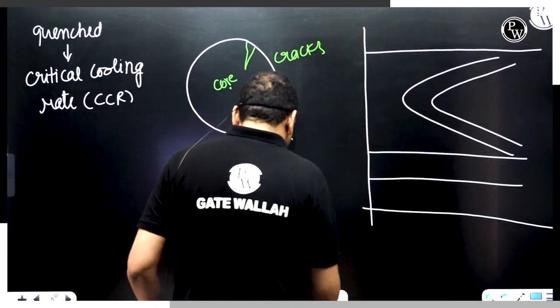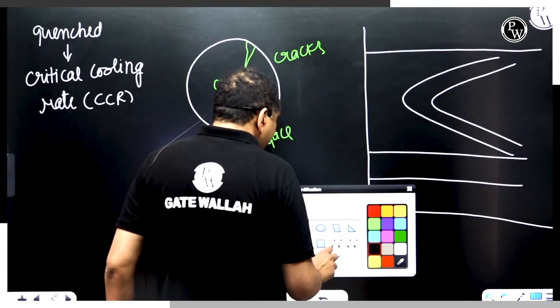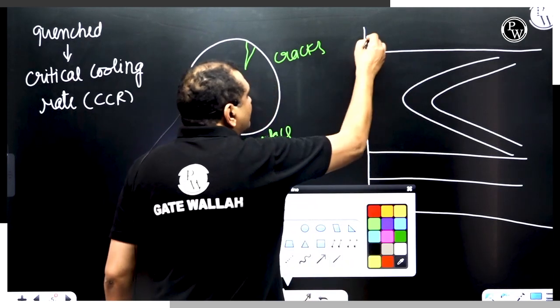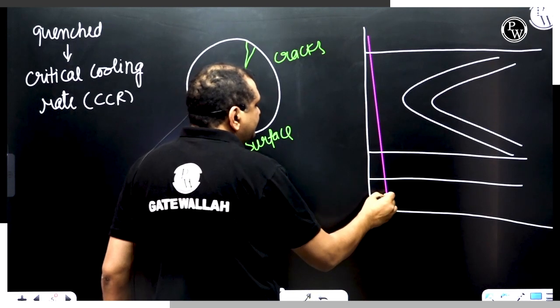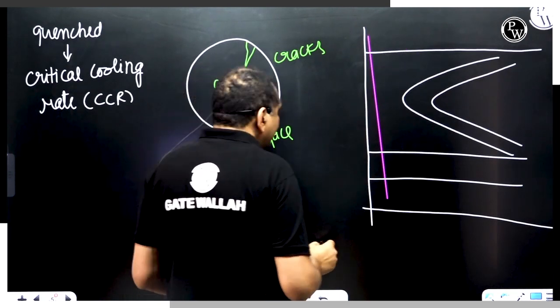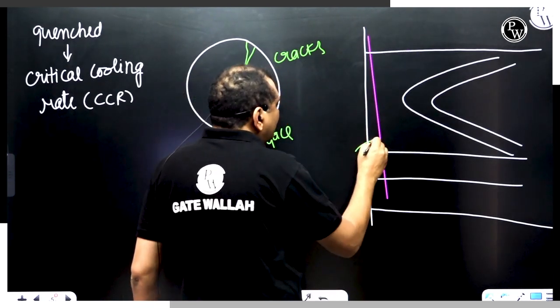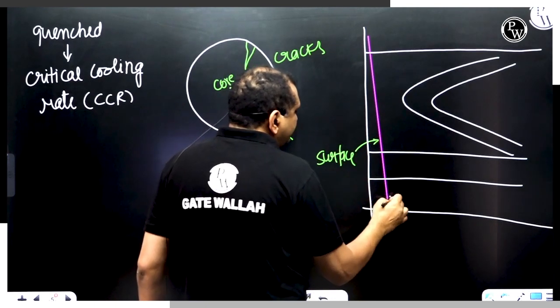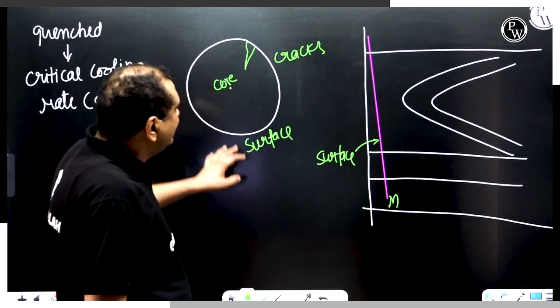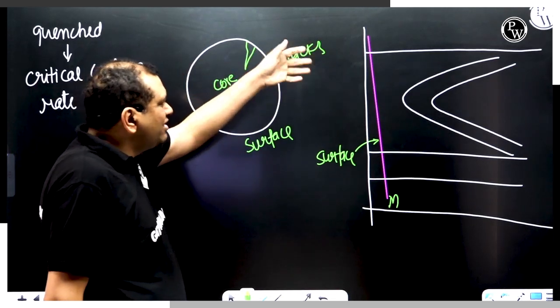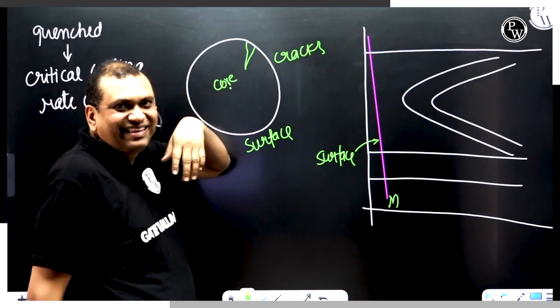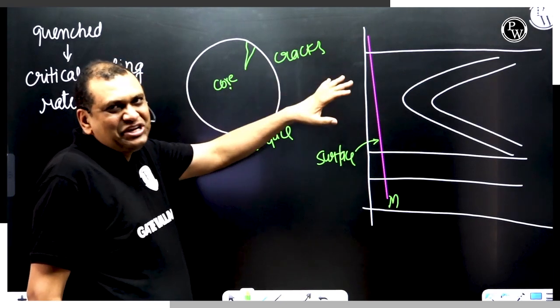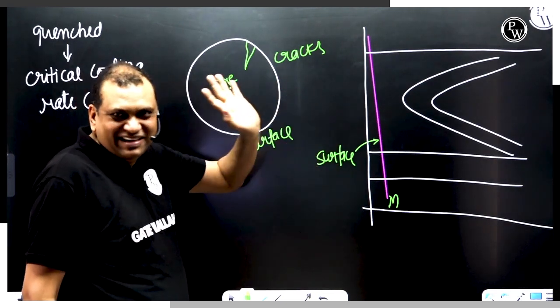This is the cooling rate of surface. Because it comes in contact with the quenching medium, it immediately comes to room temperature and becomes martensite.